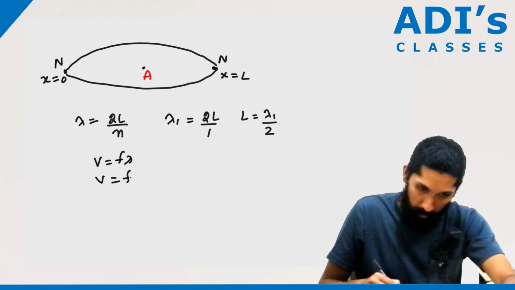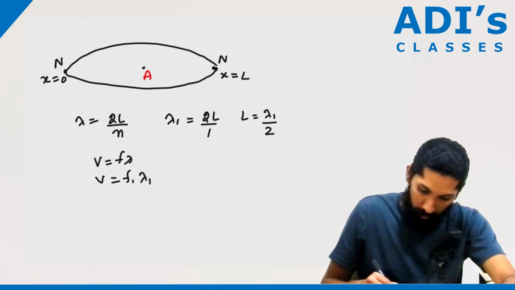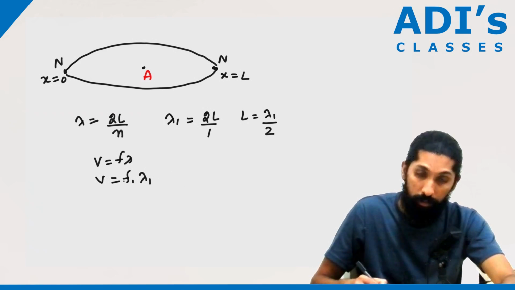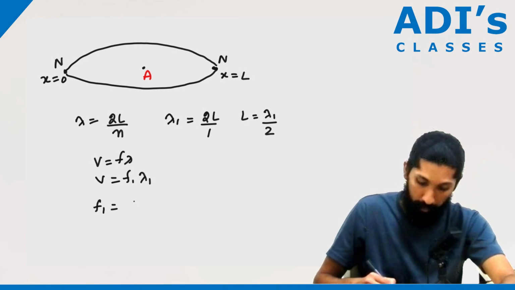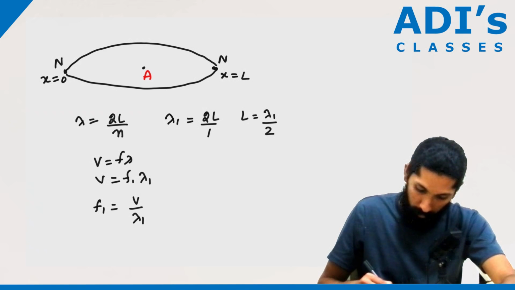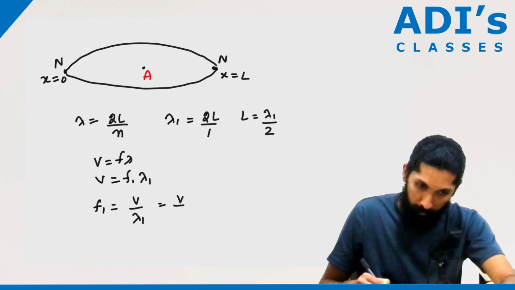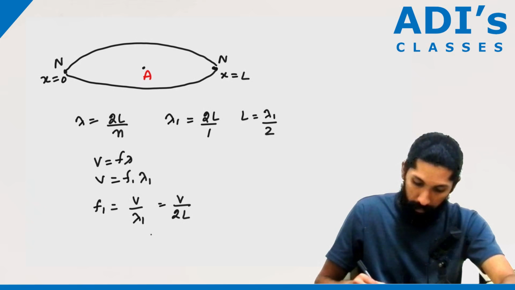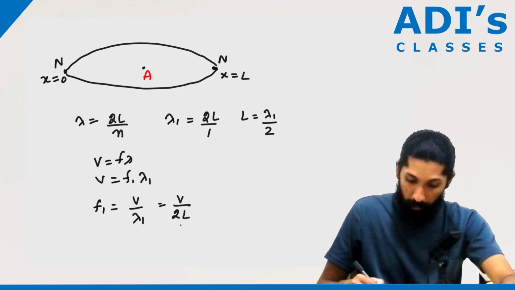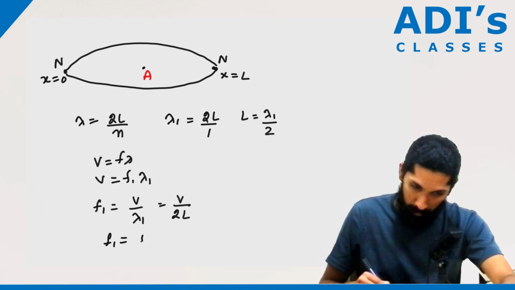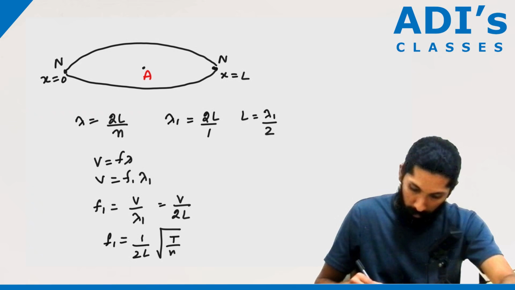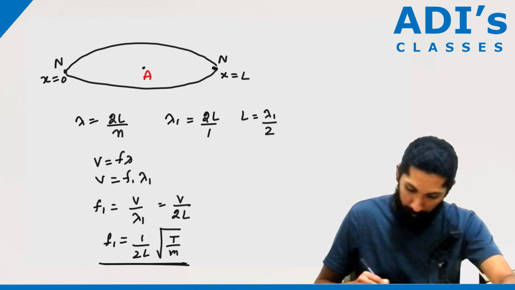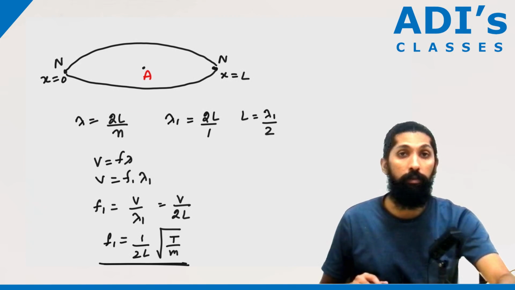So in this case, you will have v is equal to f1 into lambda 1, or we have f1 is equal to v divided by lambda 1, or v divided by 2L. Since you have v by 2L, then you will have f1 is equal to 1 by 2L into root of T divided by m.